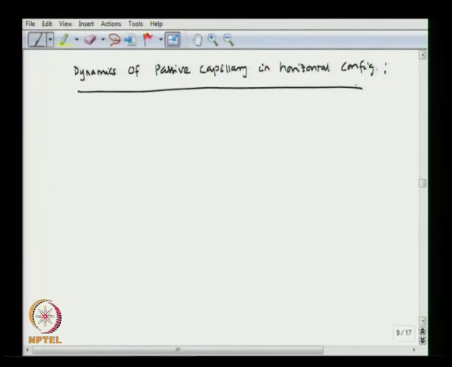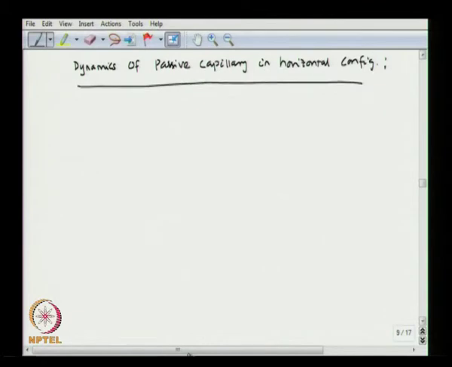So, for horizontal configuration, of course, the gravitational force will be negligible. So, the gravitational force is neglected. Okay. And in that case x 0 is going to be 0.